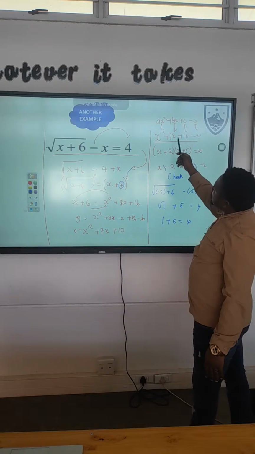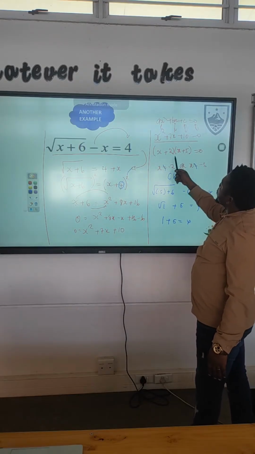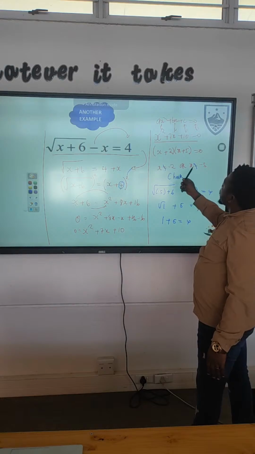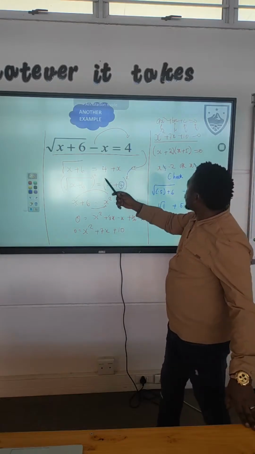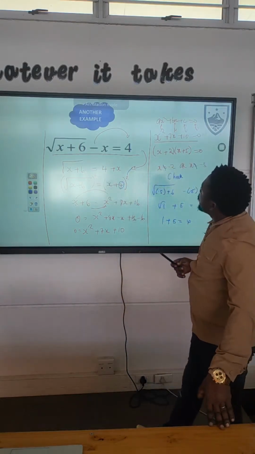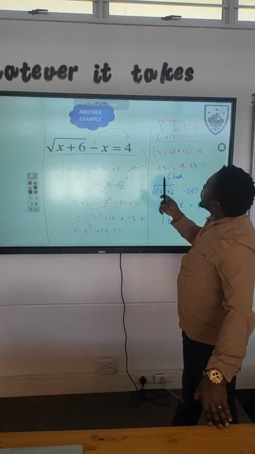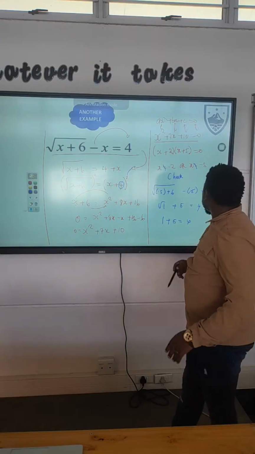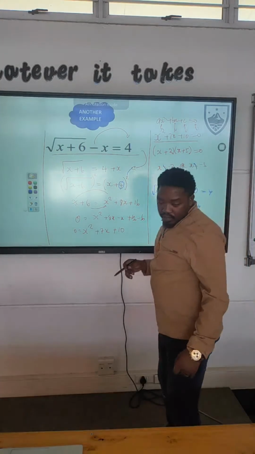We have x squared plus 7x, then the factors are okay, x equals to negative 2, x equals to negative 5. We checked negative 2, we said if we put negative 2, that side is going to give us a 4. The square root of 4 is 2. And then minus 2 is actually equals to 4. So this one is actually the one which is a solution, the x equals to 2.